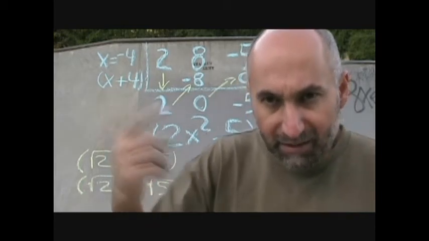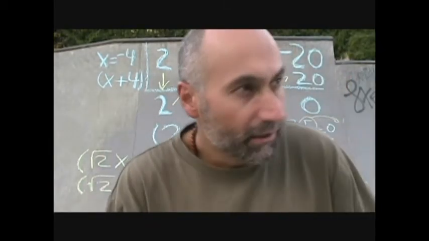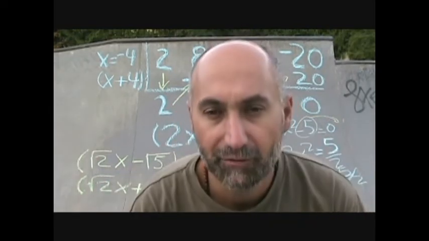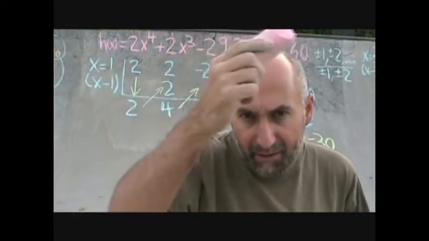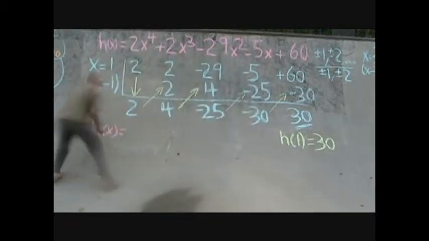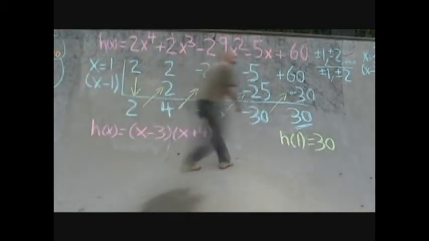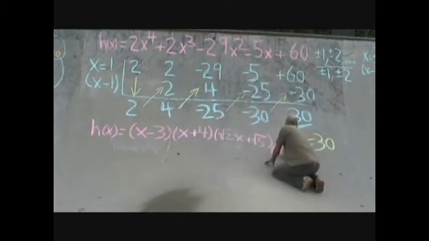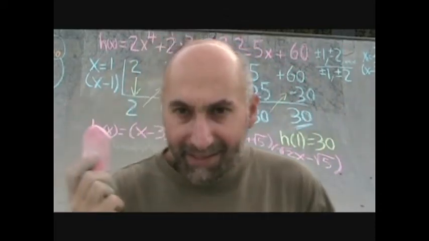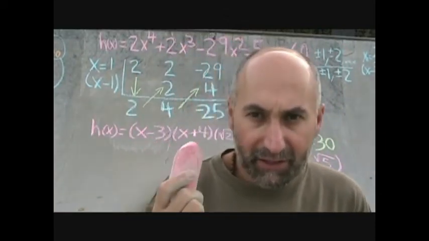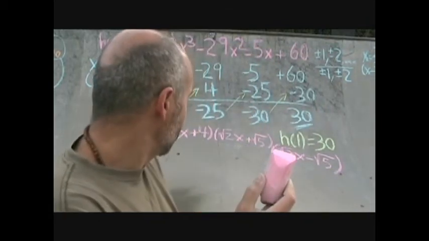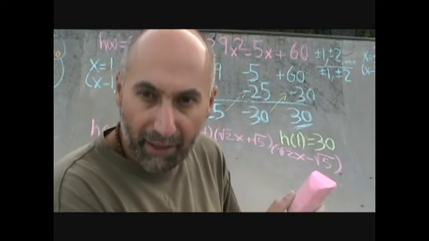So let's take all of these and write out the function where we started. So you know what the original function looks like in its factored form. So h of x, in its factored form, is going to look like the following. That function could be written as h of x equals x minus 3 times x plus 4 times square root of 2x plus square root of 5 times square root of 2x minus the square root of 5.